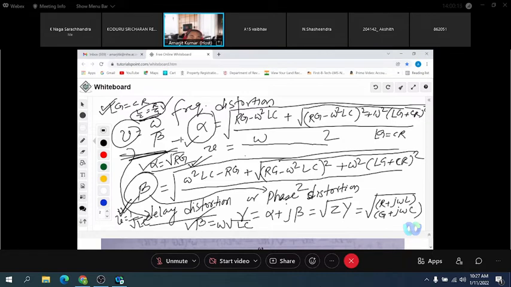So you need a large conductor, and cost will be more. So there should be a compromise to design a distortion-less transmission line, a compromise among the primary constants L, C, R and G.